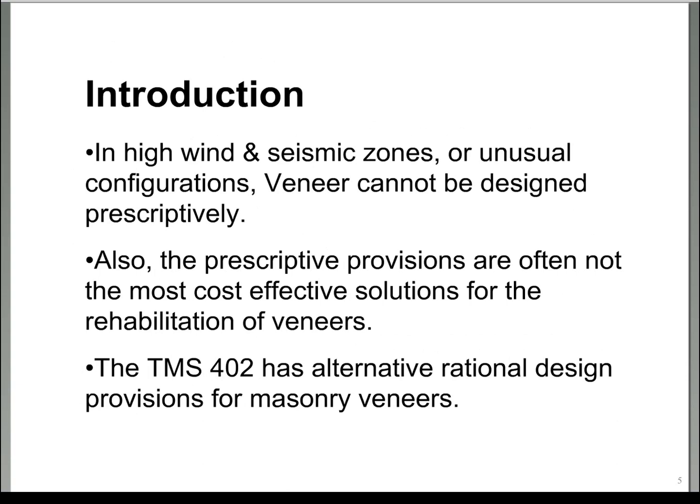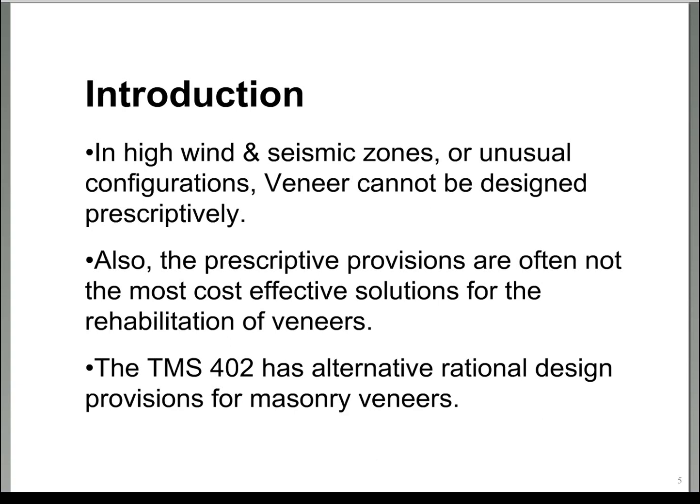We also have an issue in high wind zones and high seismic zones, or in unusual configurations when you get very large cavities. You cannot use the prescriptive provisions even with the increases that we currently have. We have people that are trying to stuff 8 inches of insulation in that cavity, and you cannot prescriptively design that wall system if you have that much insulation between the brick and the backing wall.